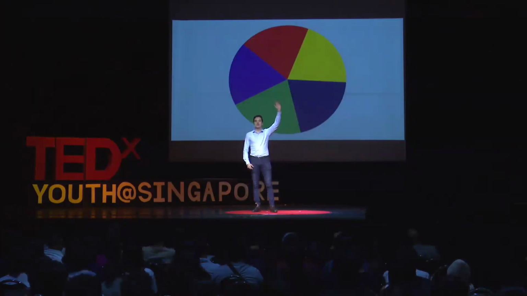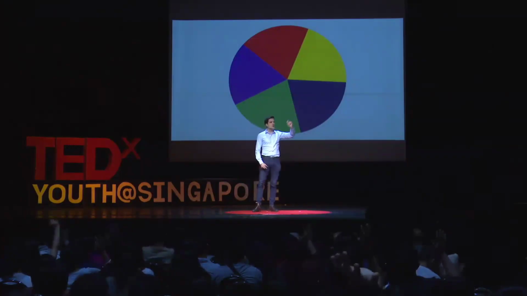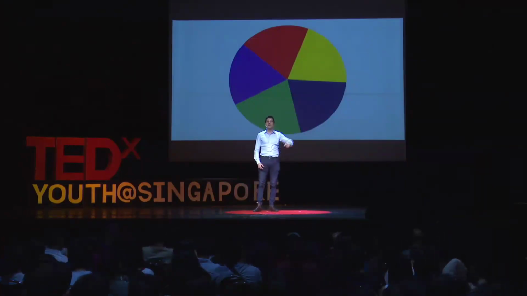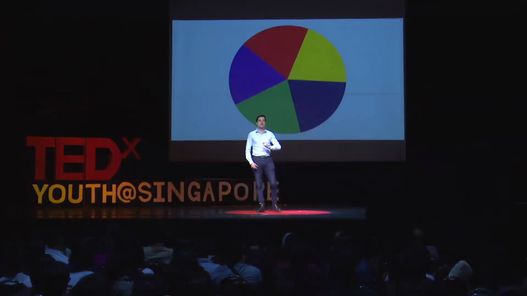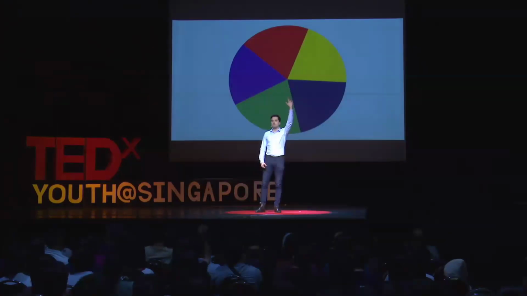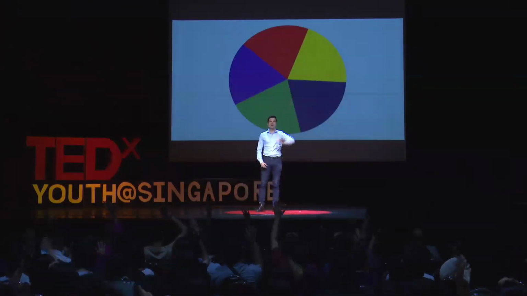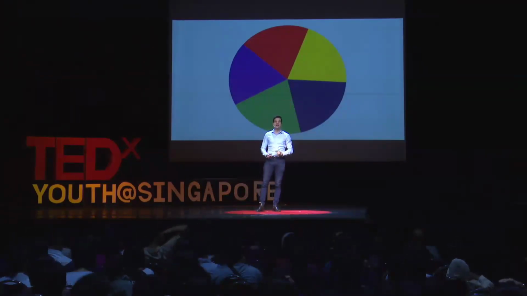Any takers for green? Green is a popular choice. And what about purple? No votes for purple. And it's not purple. And one more choice. Who thinks they're all the same? Very popular. So the room is divided between yellow, green, and all the same.